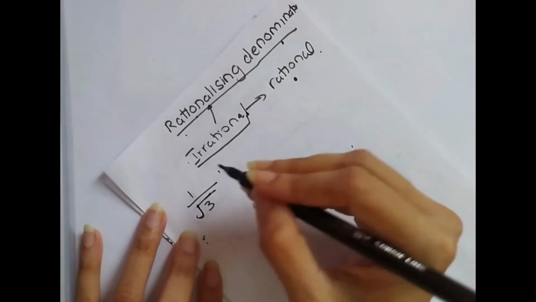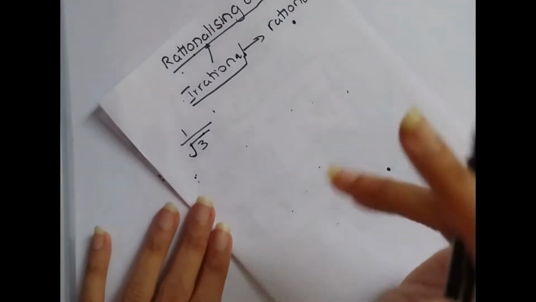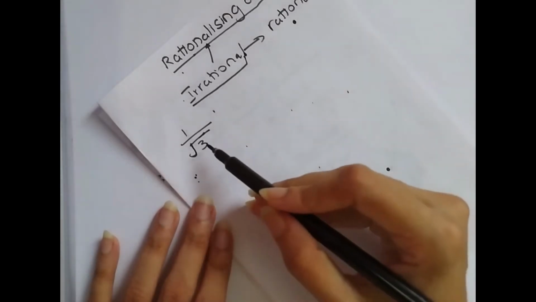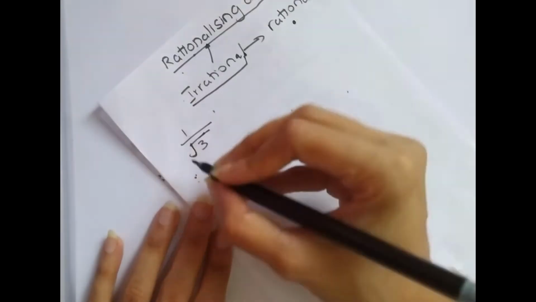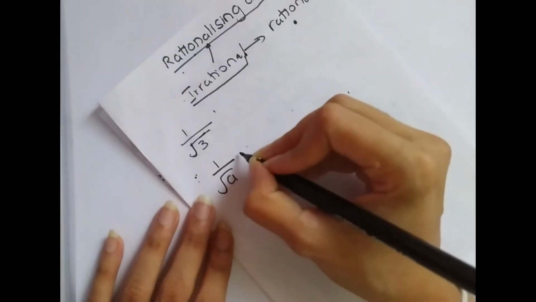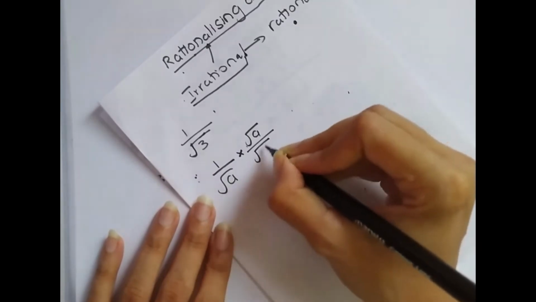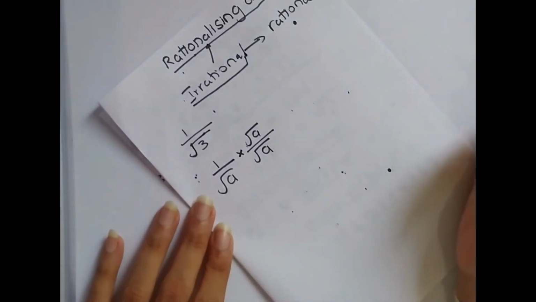So what is the process of doing it? There are two types of sums you will get. The first is 1 over root a. I will multiply my numerator and the denominator by root a.